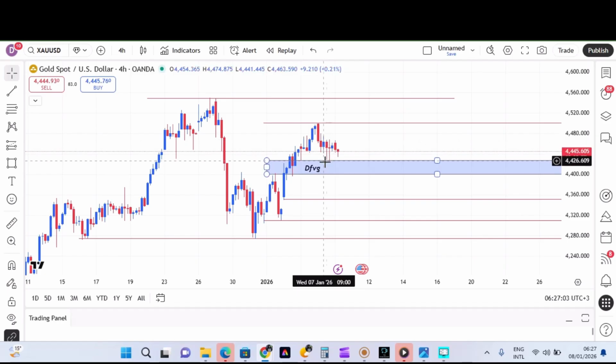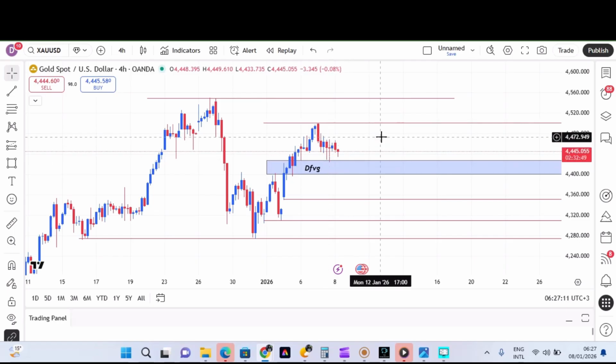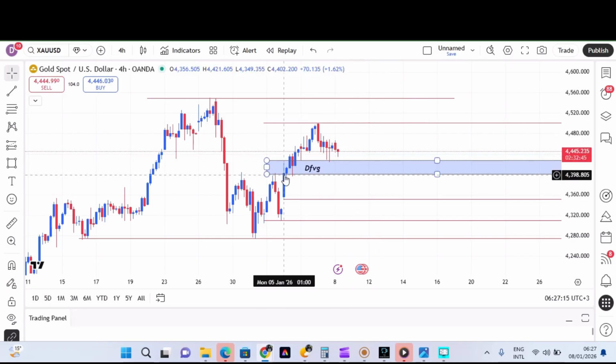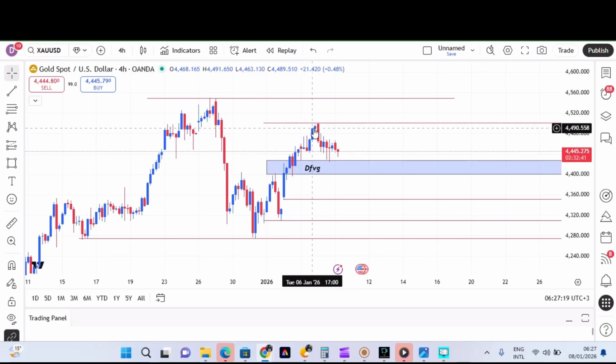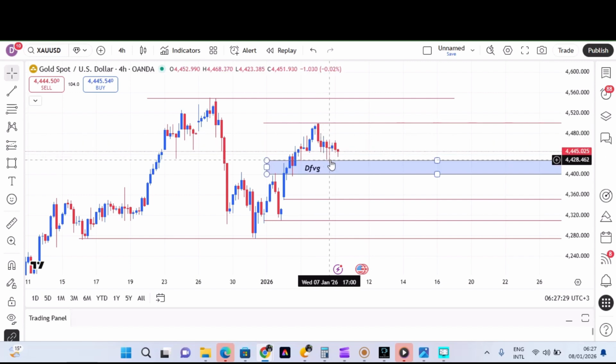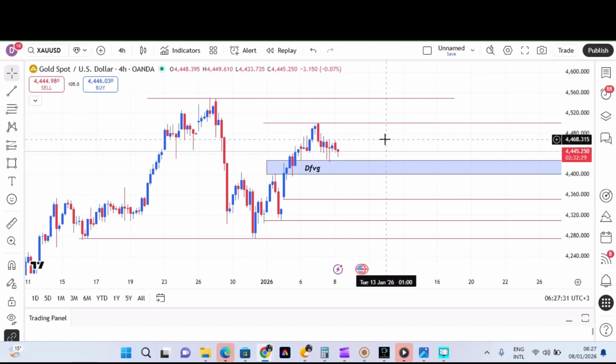Gold came, dropped here, retraced. It came, tapped into this fair value gap, retraced. If you watch my video for yesterday, Wednesday, I spoke about it, because on Tuesday the market was at this high. And then Wednesday, yesterday, we said the market was bearish, which is true. Most of the day, gold was dumping yesterday, Wednesday.